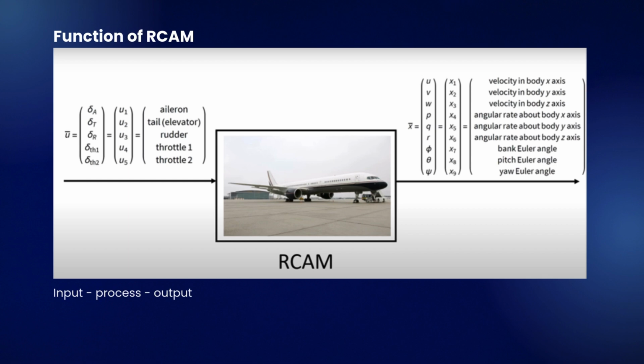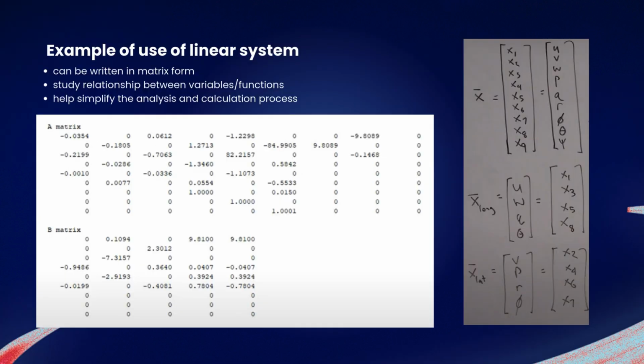So for example, the velocity for all three axes, x, y, z, and then the angular velocity. There are also the angles, like the pitch angle, so like the rotation. And then an example of use.